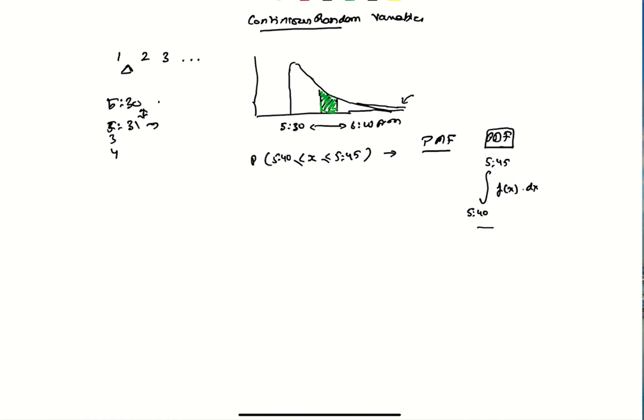So then there are a couple of types of this distribution. One of the common distributions is the uniform distribution over an interval.